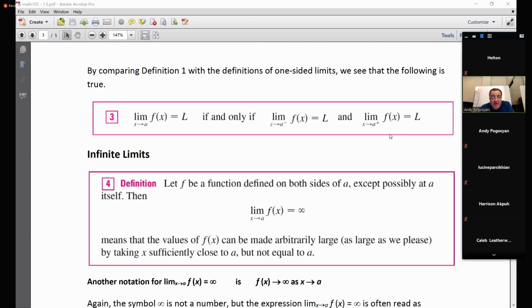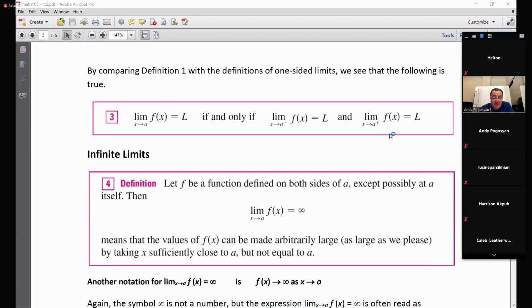The limit of f of x equals L as x approaches a if and only if the limit of f of x is L as x approaches a from the left, and the limit of f of x equals L as x approaches a from the right. If you're approaching a from both sides and f of x has the same limit, then the limit exists. If and only if means in both directions.